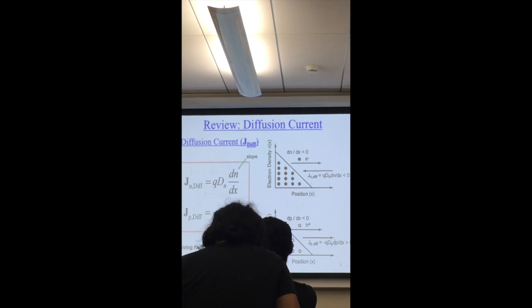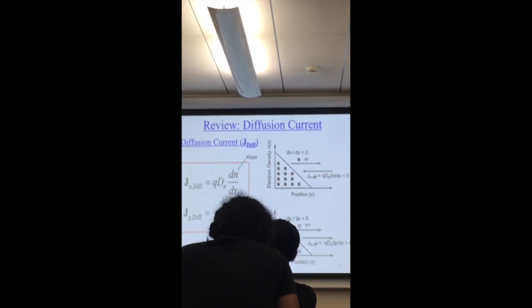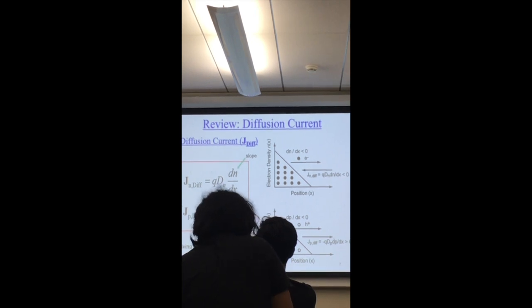So if the carrier concentration is not uniform, then there must be a diffusion current. To understand the direction of diffusion current, first we need to know that this diffusion process applies to both electrons and holes, or other particles.